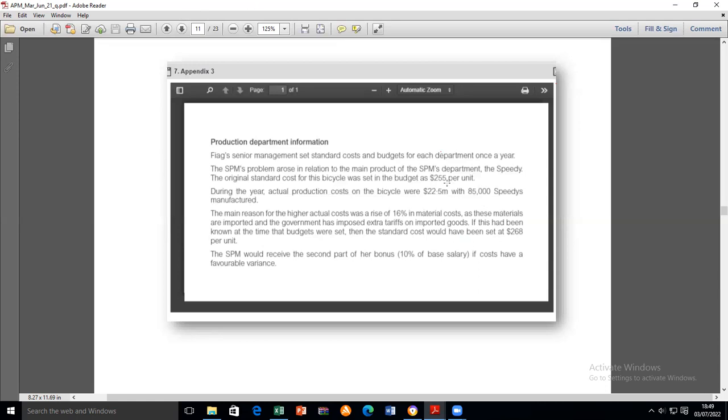Take the original budget, add the 16%. What do you come up with?